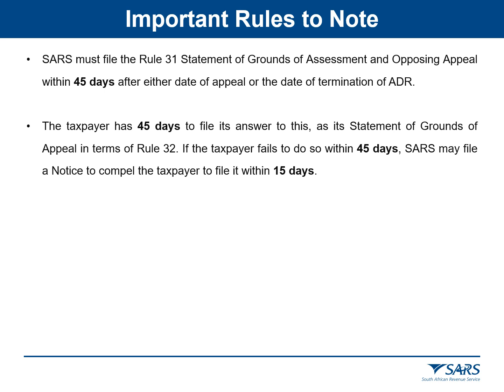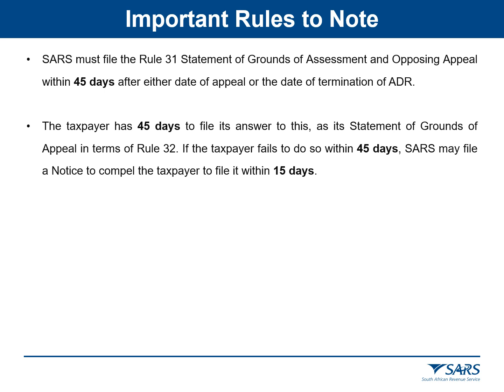Important rules to note. SARS must file Rule 31, the statement of grounds of assessment and opposing appeal, within 45 days after either the date of appeal or the date of the termination of the ADR process. The taxpayer has 45 days to file its answer to this as its statement of grounds of appeal in terms of Rule 32.